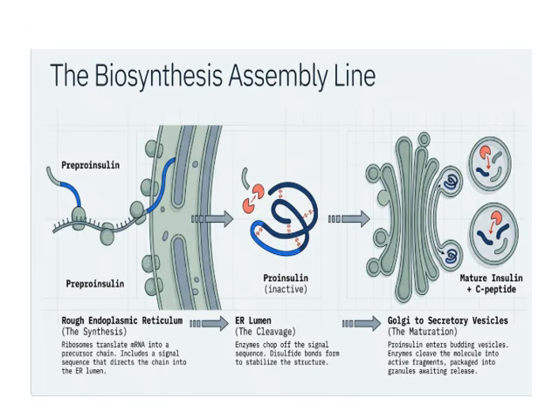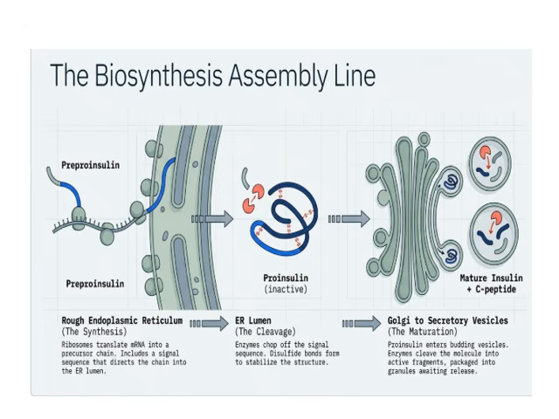See, this is the pre-proinsulin, and when the ribosome translates the precursor chain, it includes a signal sequence that directs the chain into the endoplasmic reticulum, and this is how the proinsulin is formed. The enzyme chops off the signal sequence, disulfide bonds form to stabilize the structure, and then it enters the Golgi to secretory vesicles.